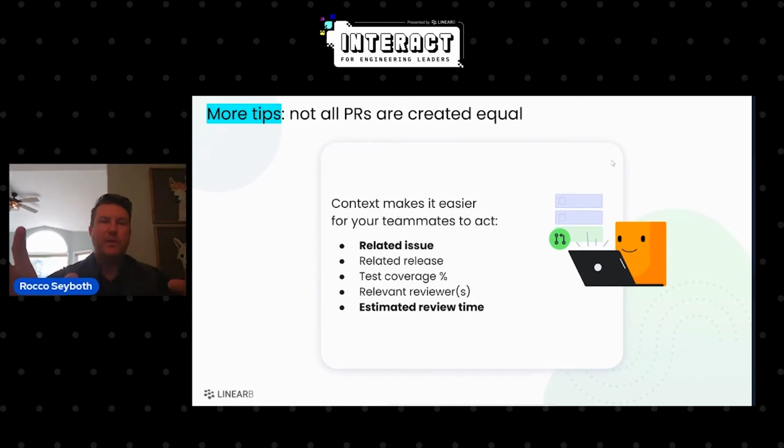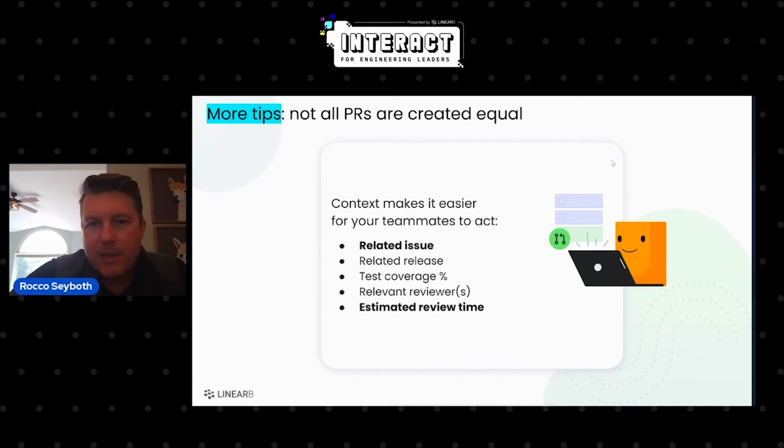Here's another really important tip for pull requests in general. Not all PRs are created equal. Somebody brought up context earlier in the day at Interact. We treat all PRs as equal, and this is one of the foundational mistakes that hurts us.